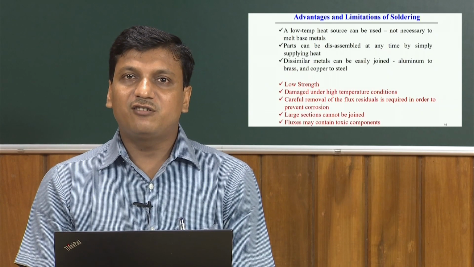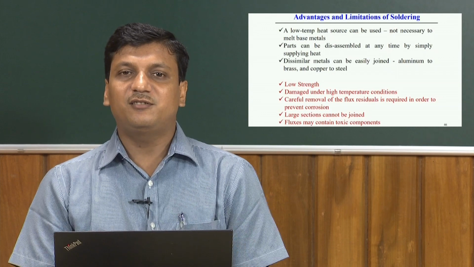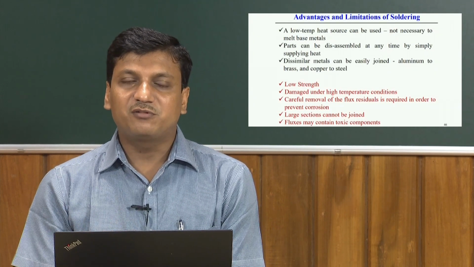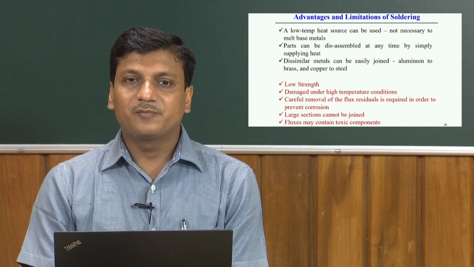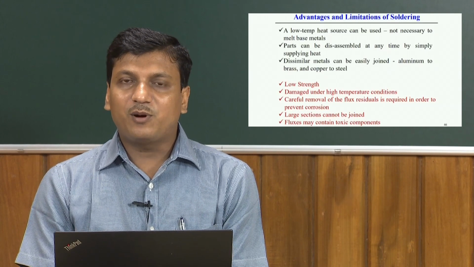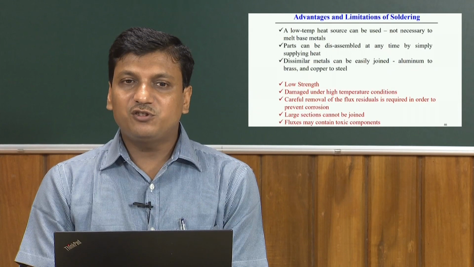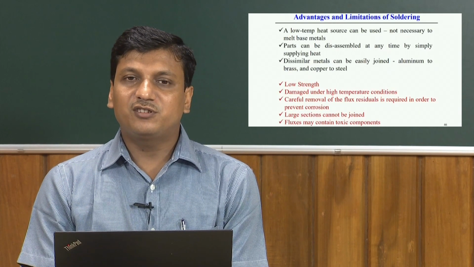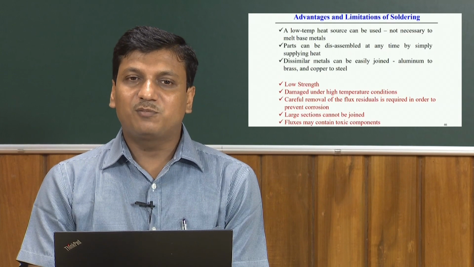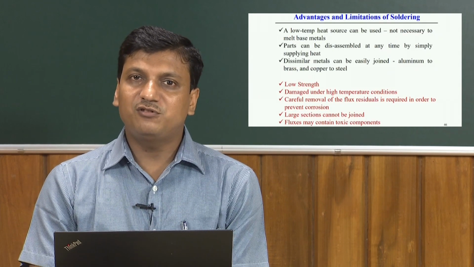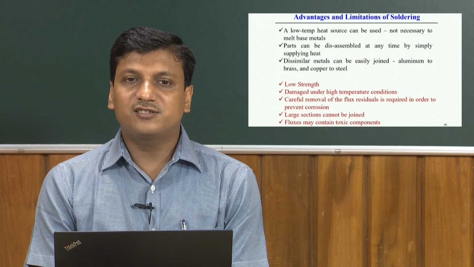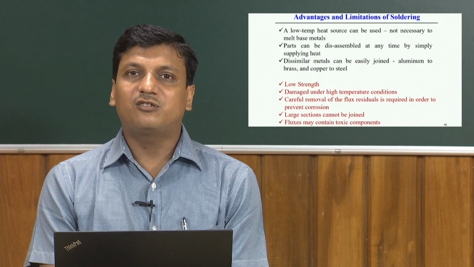Large scale parts cannot be joined. Mainly, soldering is sometimes used for repair purposes. Large sections probably cannot be joined, while very small components can be joined, mostly for repair purposes. And of course, if we look into the environmental aspects, the fluxes sometimes may contain toxic components.